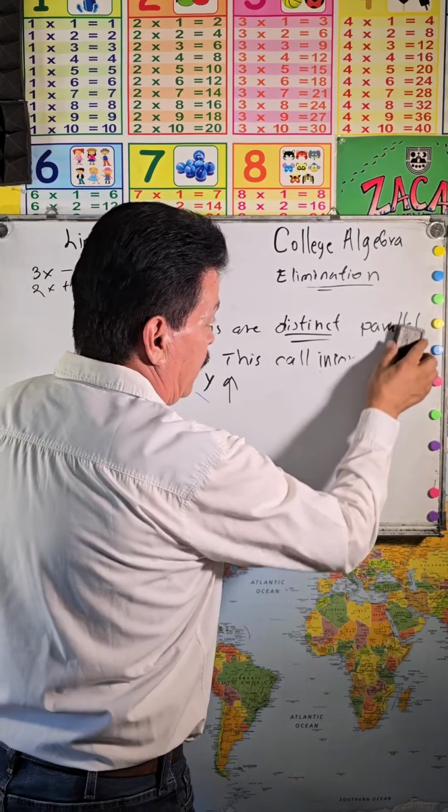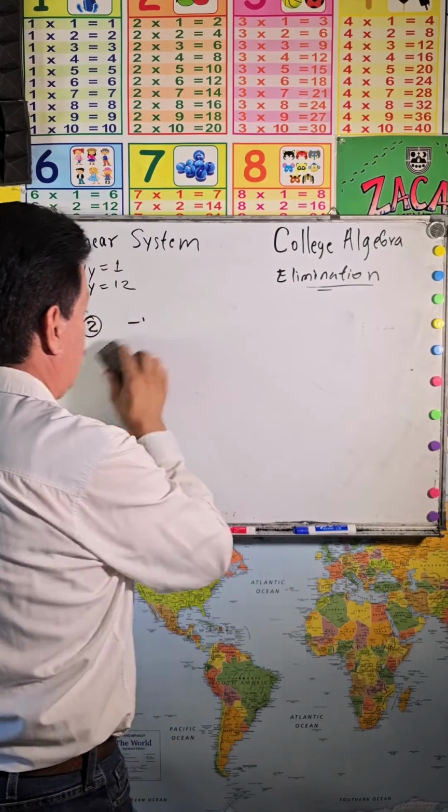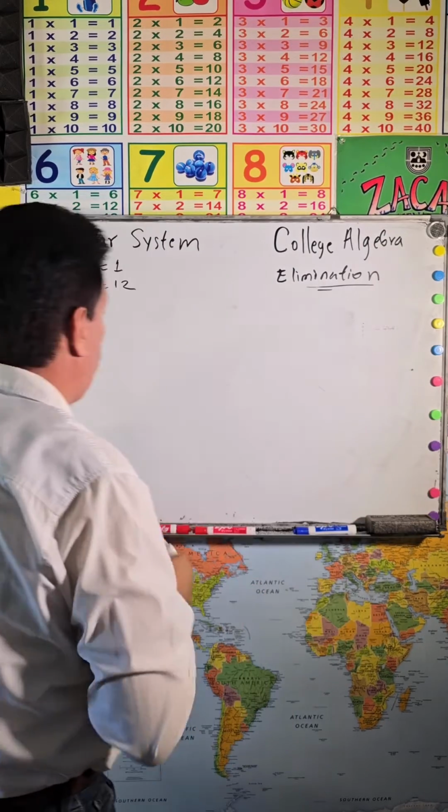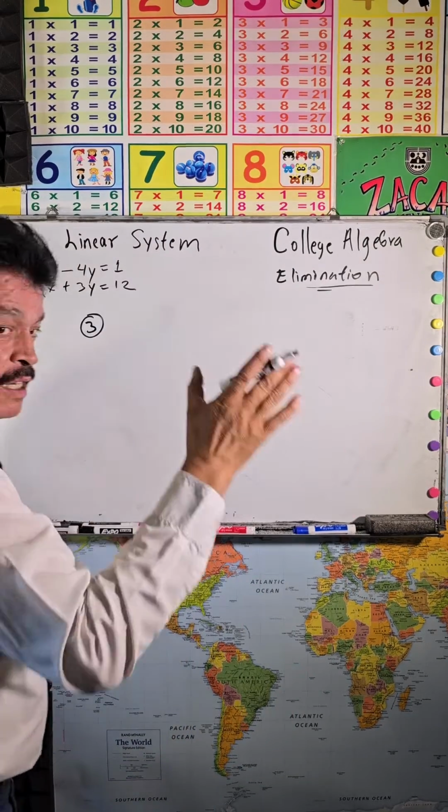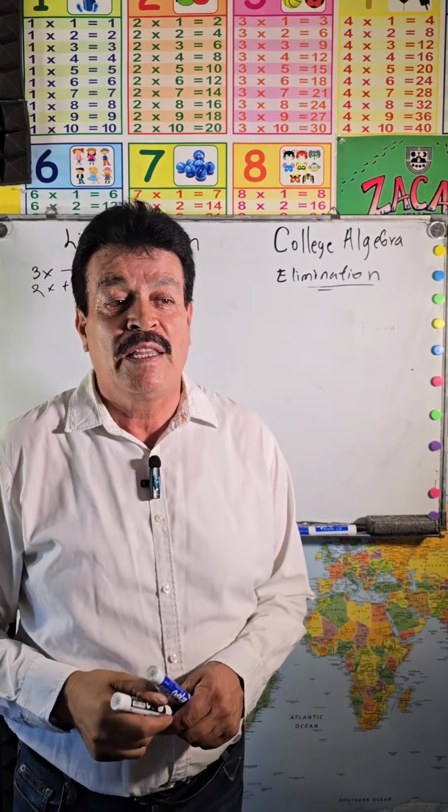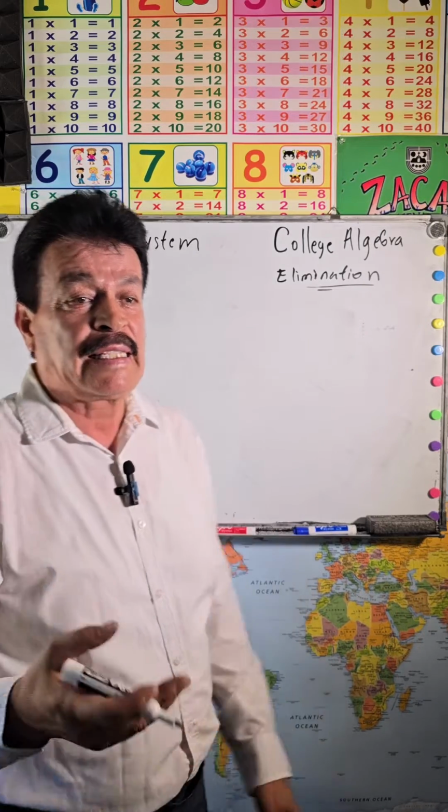Let's see what I mean by key number 3. It's another aspect, a different graph. The graphs are the same line.